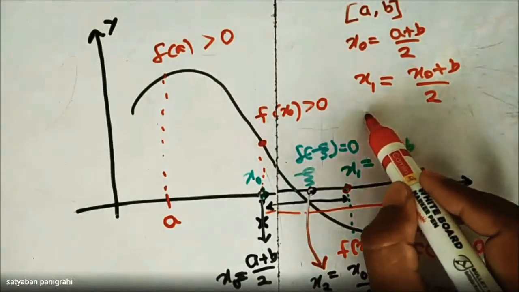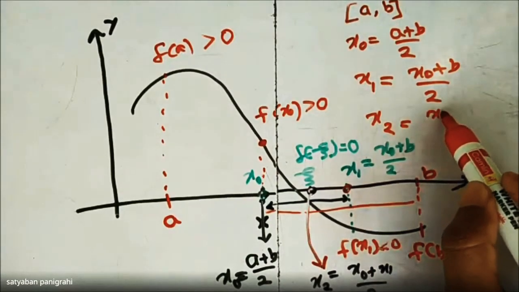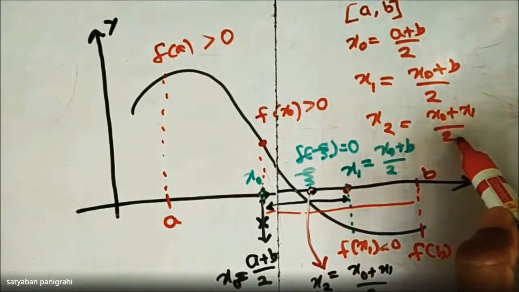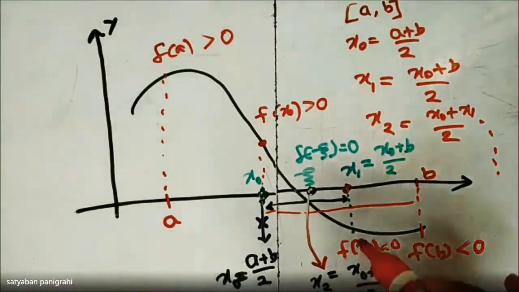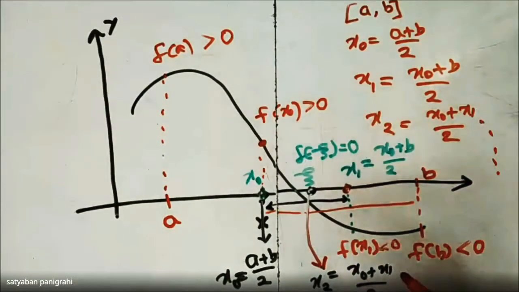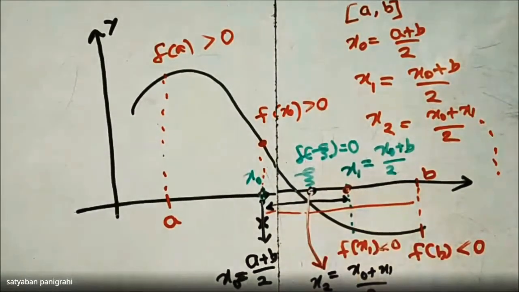In the next iteration again, we got x2 equal to x0 plus x1 by 2. In a similar process, we can find the remaining iterations, and after some time the approximation must converge to our exact root j. Is it clear to all? Yes, sir.